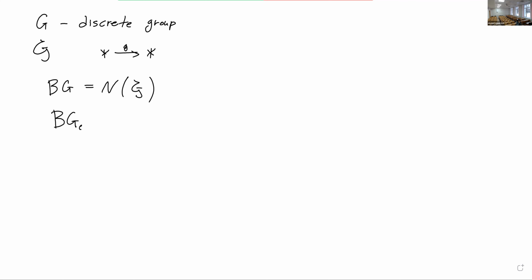BG_0 is just a one-element set, and BG_n consists of, well, let's just say, it's the n-th power of G for n greater than 0.